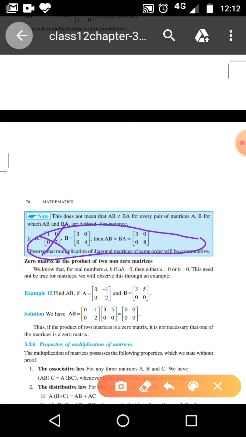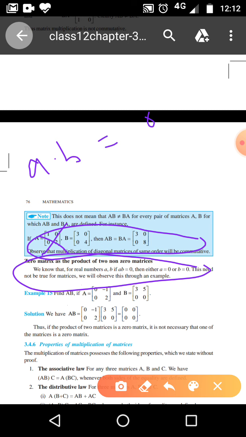And now see this important point: the zero matrix as the product of two non-zero matrices. In real numbers, you see if A dot B is equal to 0, then either A is equal to 0 or B is equal to 0.